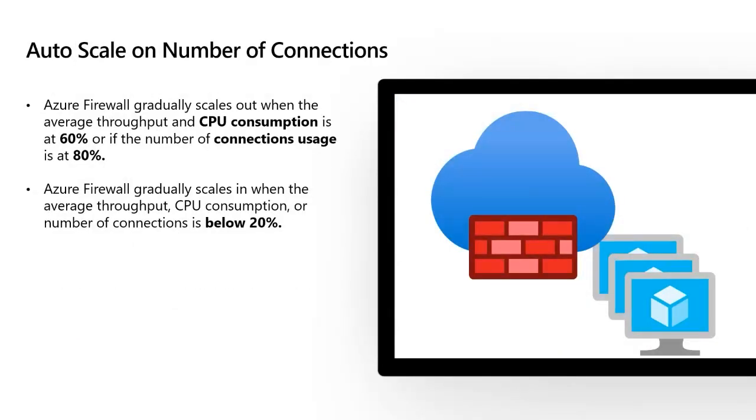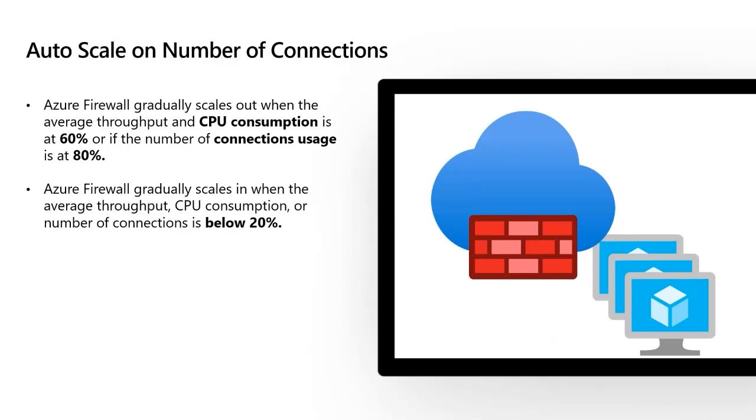Then the next one is also a change in our backend, but we've been receiving feedback about this for a long time as well. Just to bring some context here, previously the scaling process was only based on CPU and throughput.